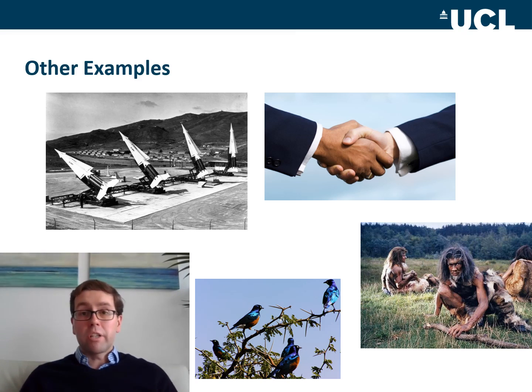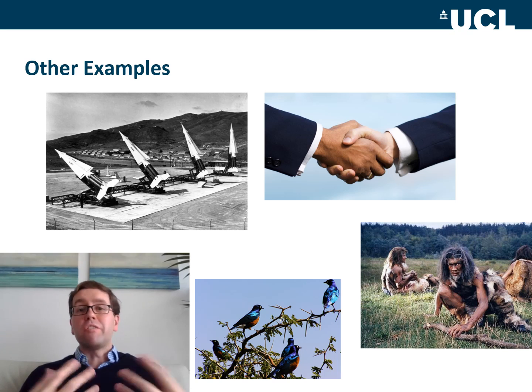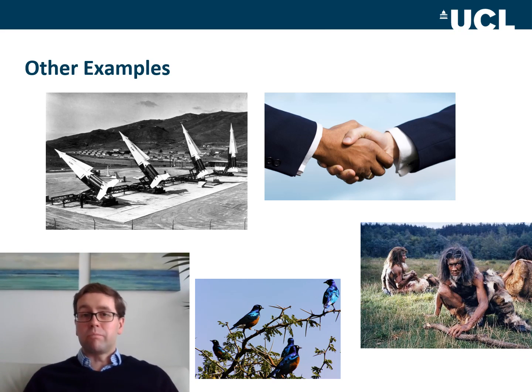But it's not just political and security applications. It's incredibly widespread. So economics, business, there's tons of good examples of this. So think about a cartel. You're the two suppliers of some mineral or some specific chemical product.